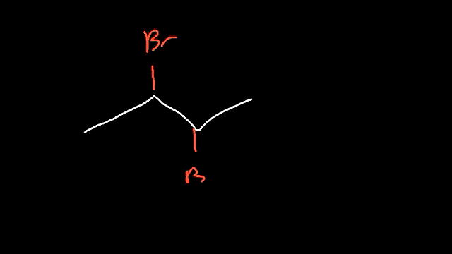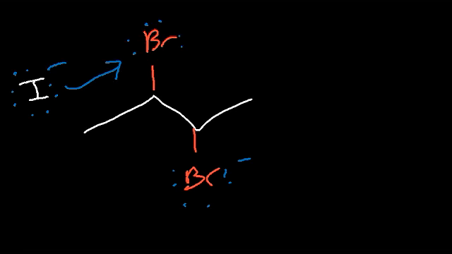Here's another reaction that's similar to an E2 reaction. Let's say you have an alkyl halide that has 2 bromine atoms. Instead of using a strong base like hydroxide, you can use sodium iodide and acetone, or zinc with acetic acid and sodium iodide. The iodide ion is going to attack the bromine atom.